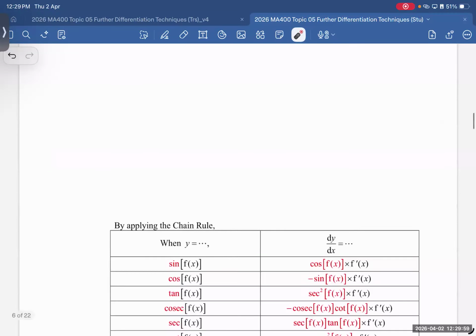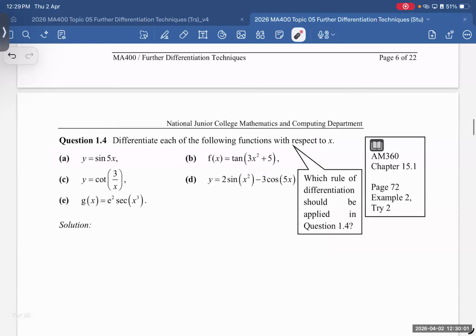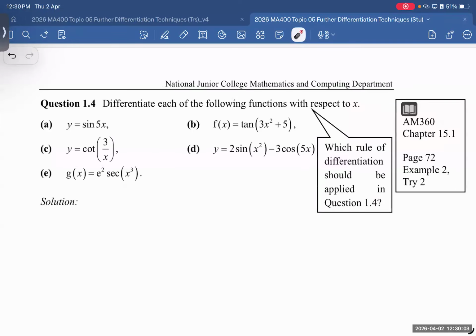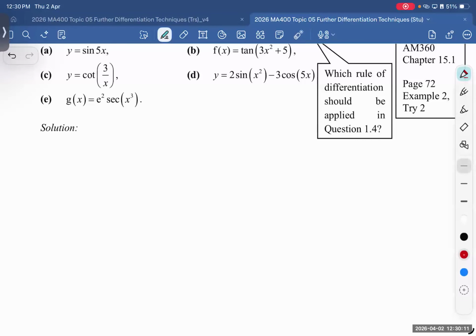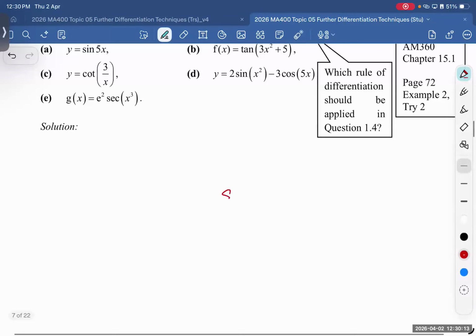So now I go to the chain rule. For those at 1.4, you might want to pay close attention. Let's say I give you sine of a function f(x). You all remember the idea of the chain rule: inner layer, outer layer.